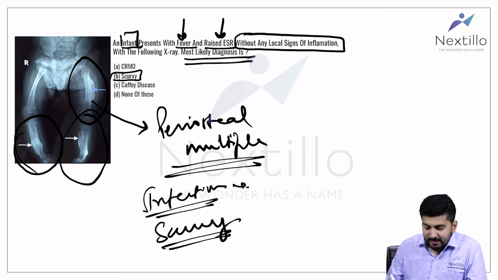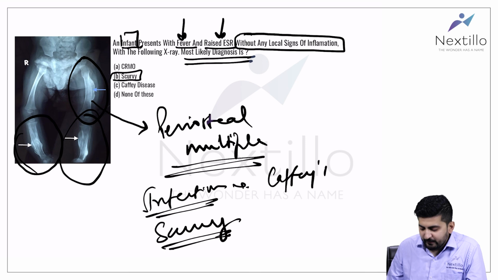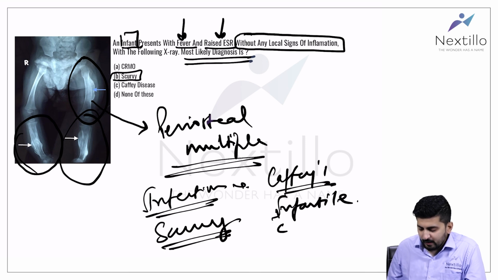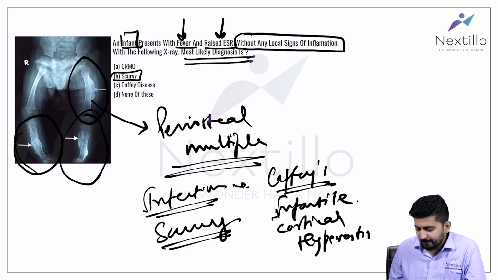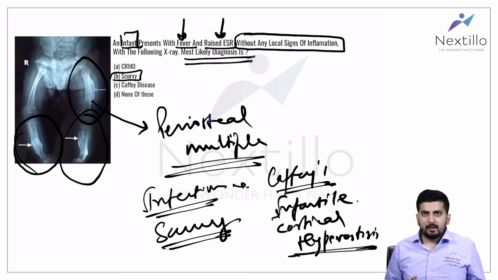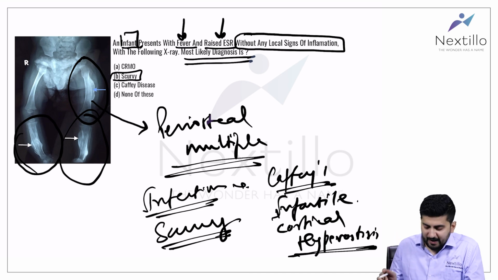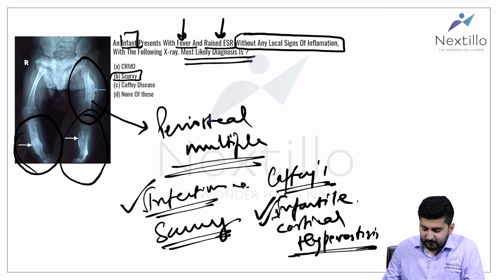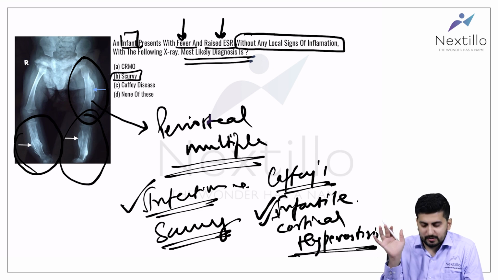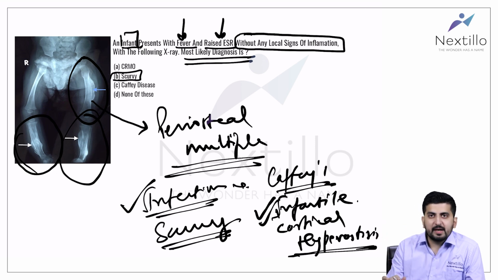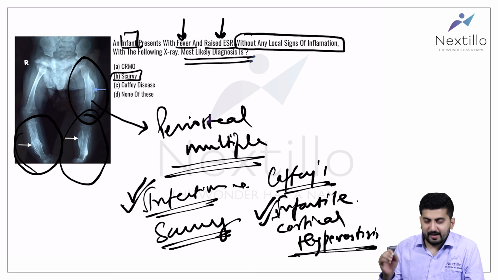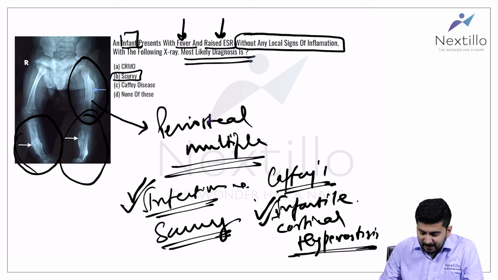They can also be seen in cases of Caffey's disease, which is infantile cortical hyperostosis. Now fever can be seen in cases of infection. Fever can also be seen in cases of infantile cortical hyperostosis. Raised ESR counts can be seen in infection. Raised ESR count can be seen in Caffey's disease also.